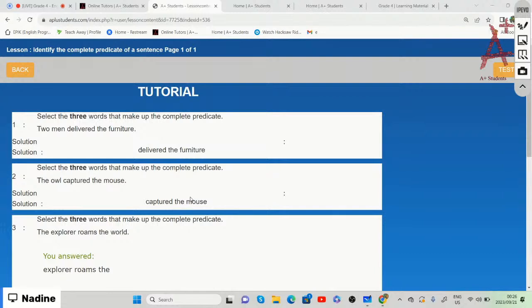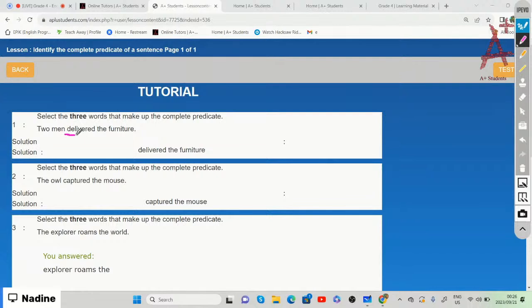So two men delivered the furniture. So delivered the furniture is our predicate, because it gives us more information about the two men. What about the two men? They delivered the furniture.